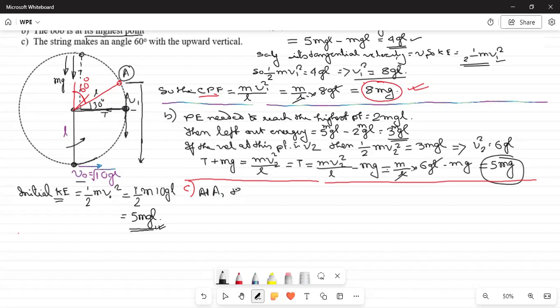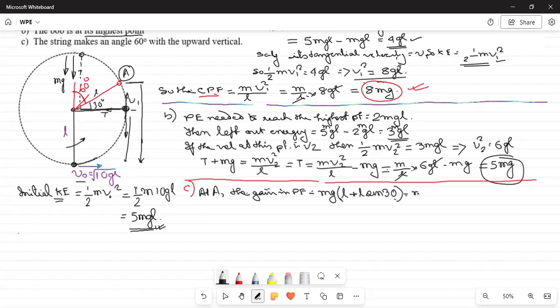the gain in potential energy is equal to mg. This height, from here to here, is L plus L sine 30. Sine 30 is equal to half, we know.